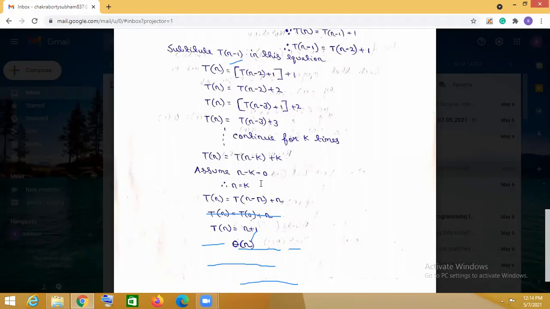That's why you have to make n minus k equal to 0, or whichever element you get during the substitution, you have to make it 0. Otherwise, if you do not make it 0, then your recurrence relation will go on infinitely. So your main aim will be to make it 0, and after making it 0, you can solve it. Okay. So clear?